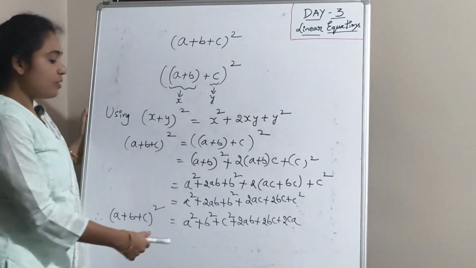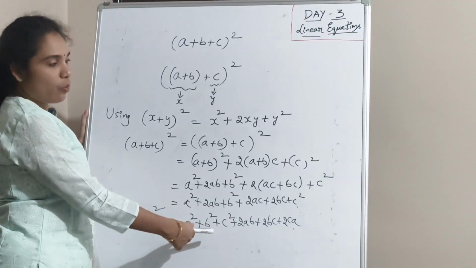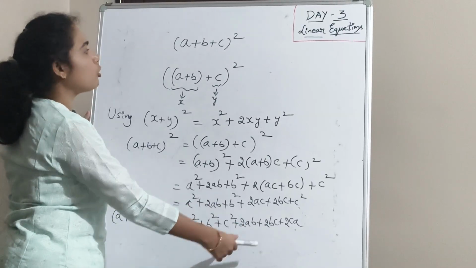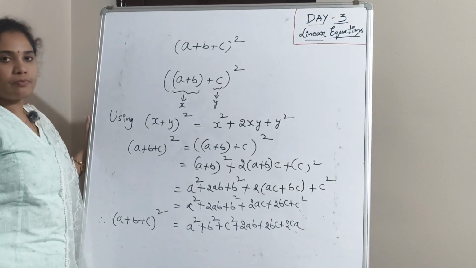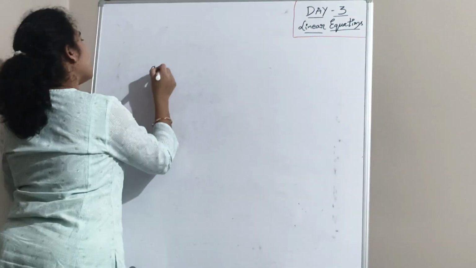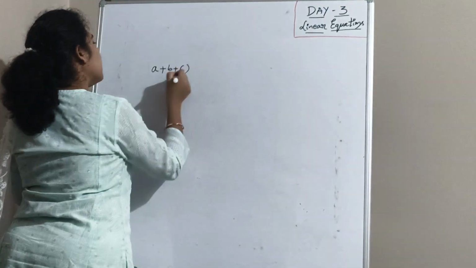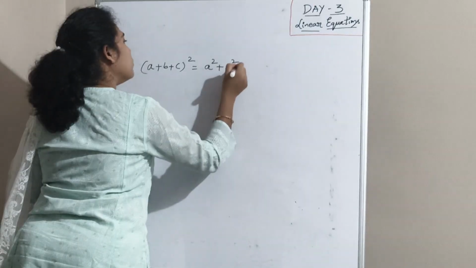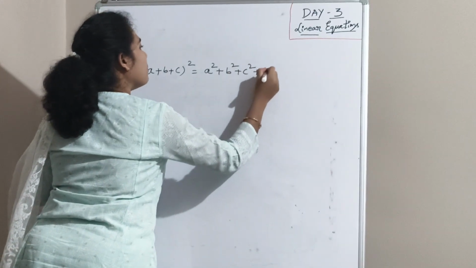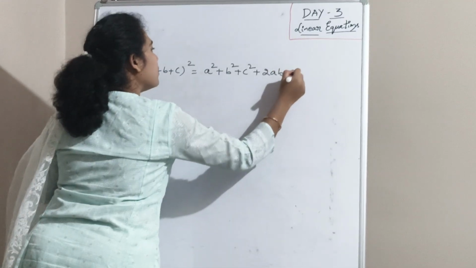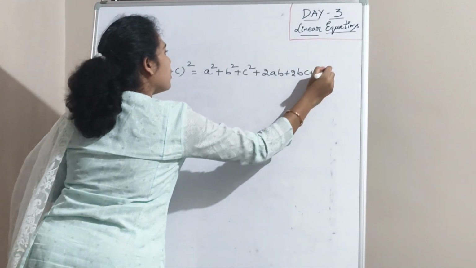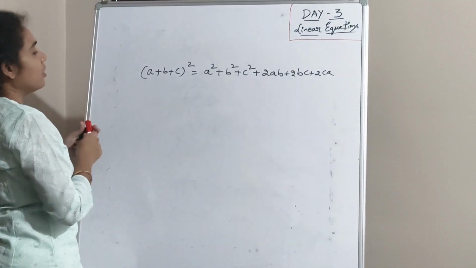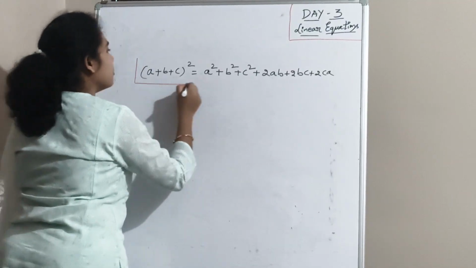So, we can remember this as the sum of the squares of the 3 terms and twice the product of the 2 terms. (a plus b plus c) whole square equals a square plus b square plus c square plus 2ab plus 2bc plus 2ca. So, we expanded this and now we have the answer.